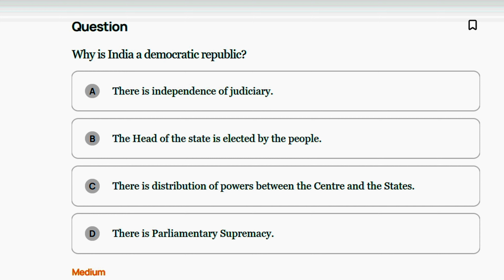Why is India a democratic republic? So the answer is, the head of the state is elected by the people.